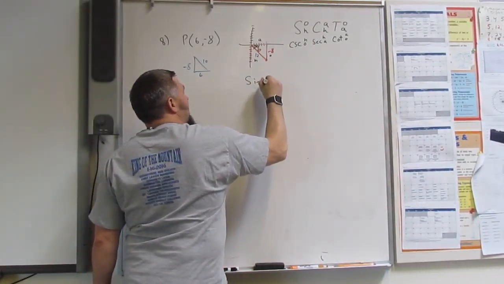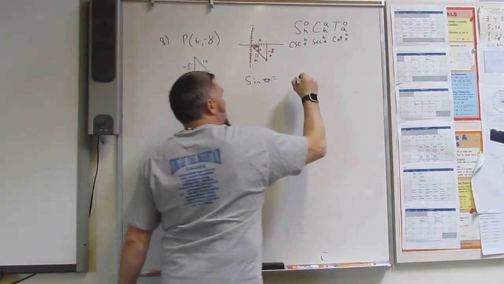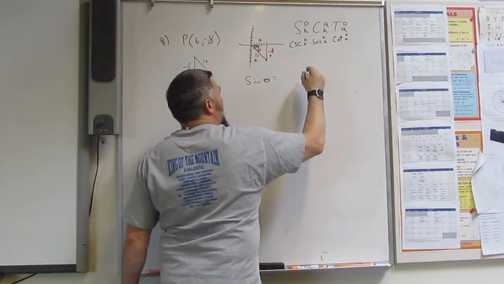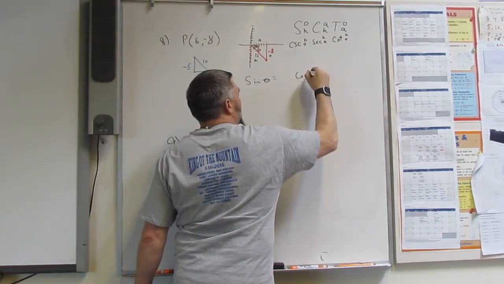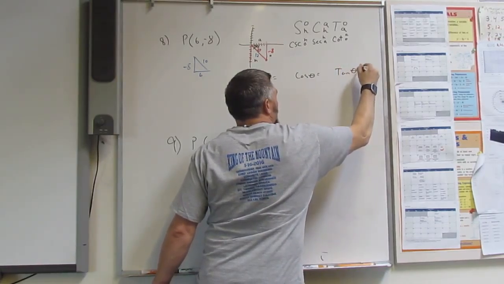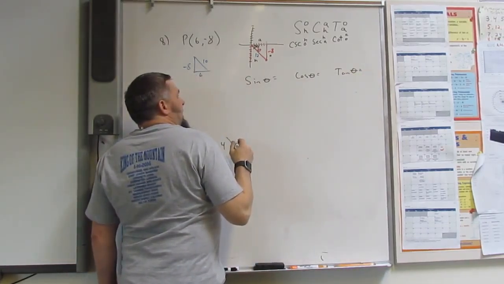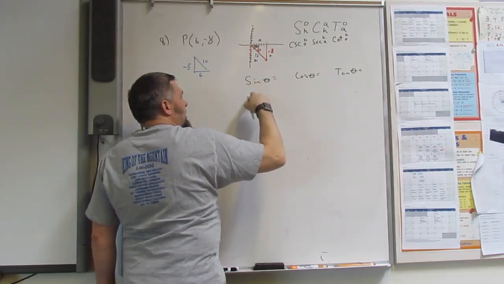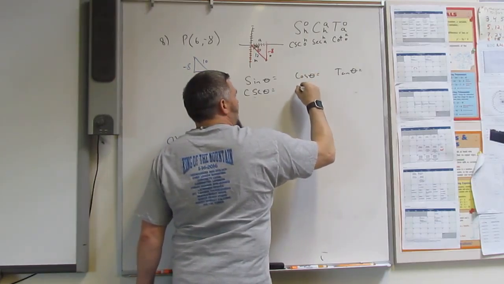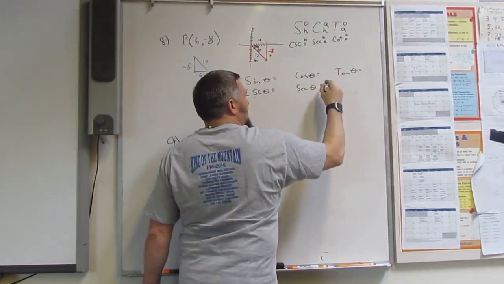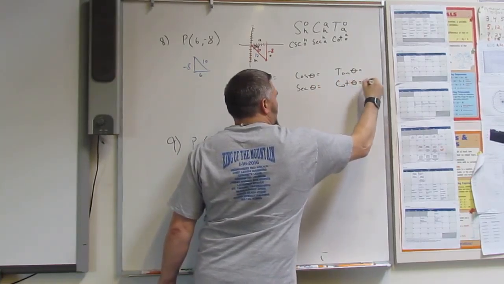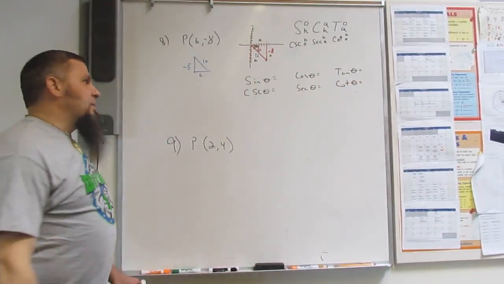So I have sine theta, right, and cosine theta, and tangent theta, and I have cosecant theta, and secant theta, and cotangent theta. Okay? And this one came out really nice.